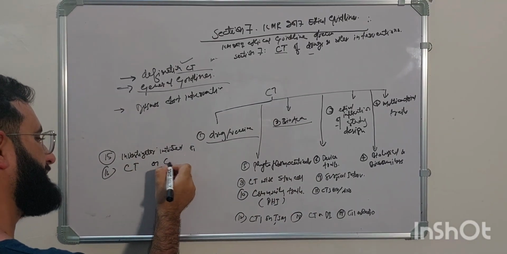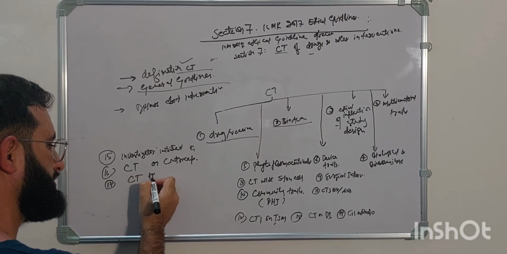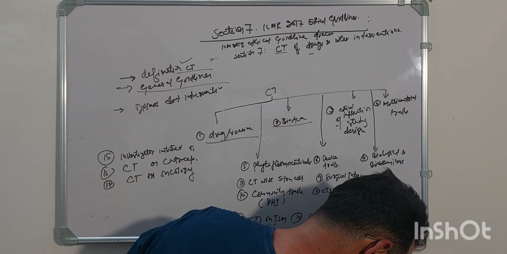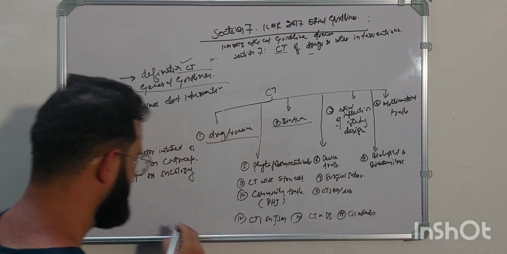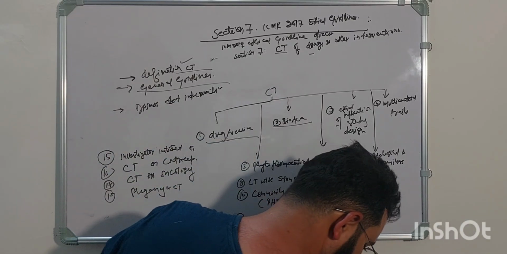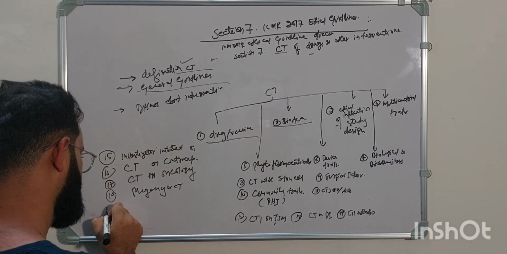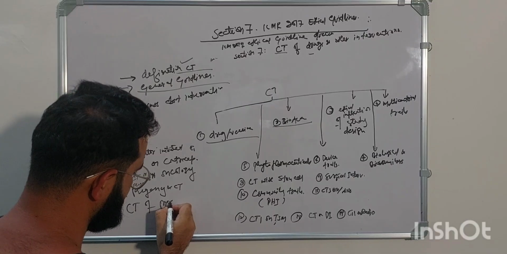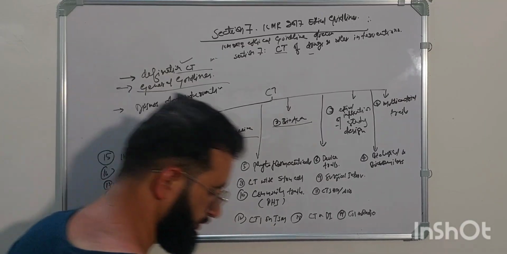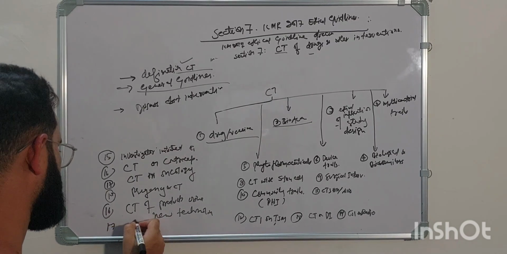Clinical trials in oncology, pregnancy and clinical trials, and clinical trial of products using new technology, then 17th is synthetic biology.